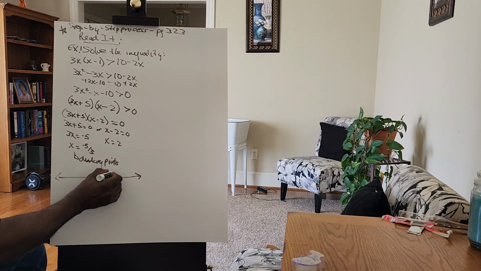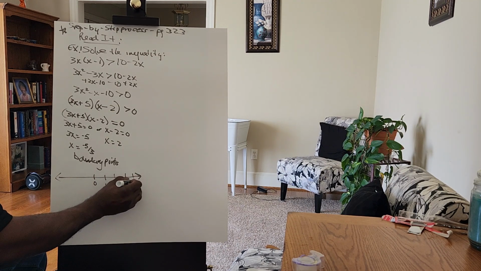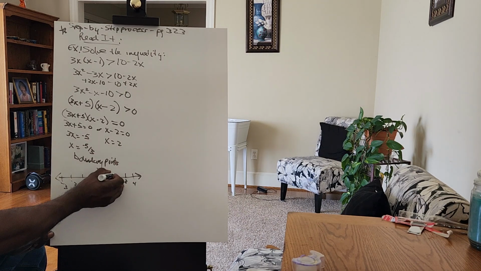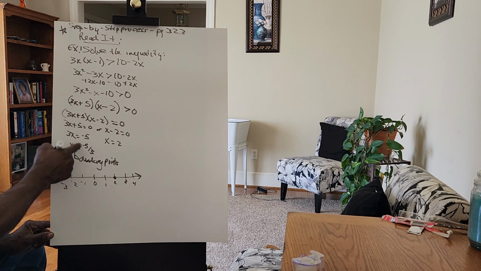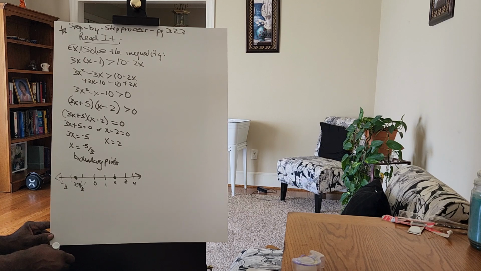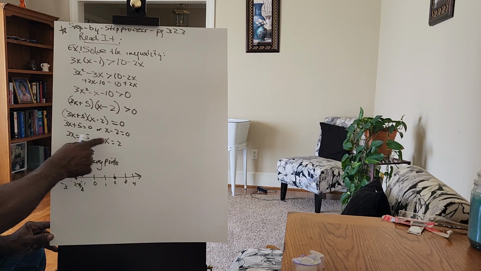So there's 0, there's 1, 2, 3, 4, negative 1, negative 2, negative 3. X equals 2 sits right here. X equals negative 5/3. Negative 5/3 is negative 1 2/3. It's about right there. So these two boundary points separate the real number line into 3 intervals.